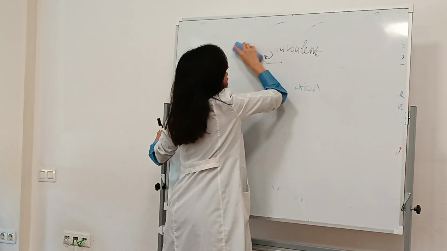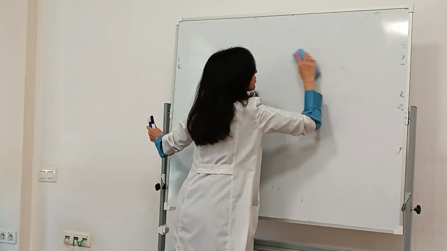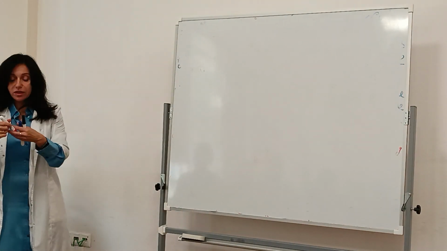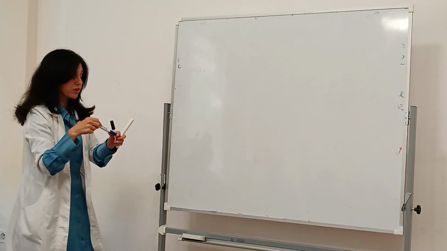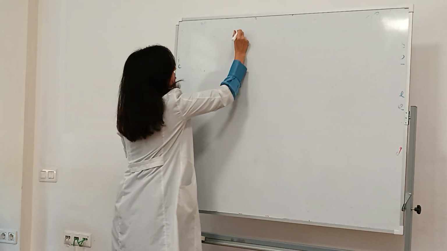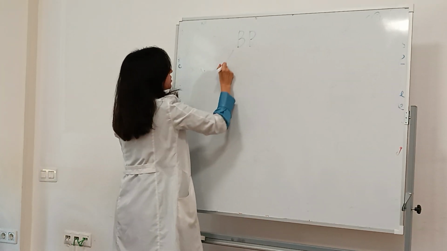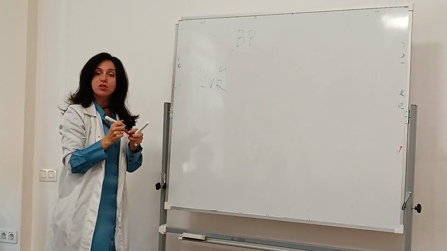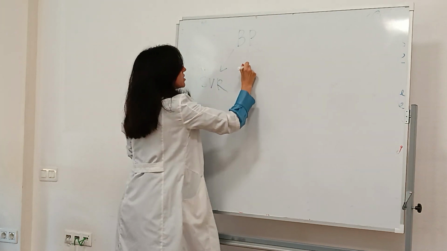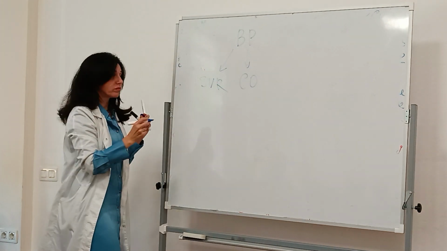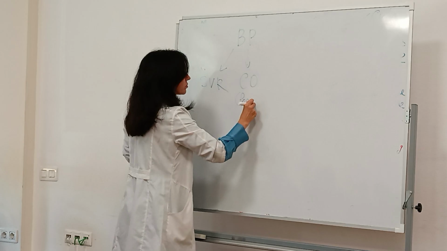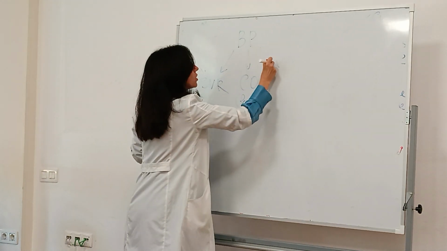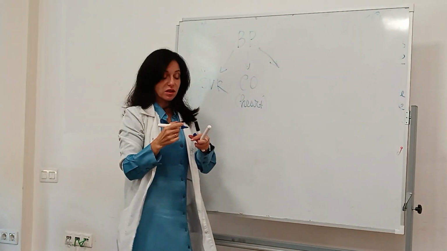Blood pressure depends on three major factors. It's a very important skill. Blood pressure depends on systemic vascular resistance, cardiac output, and total blood volume in the body.